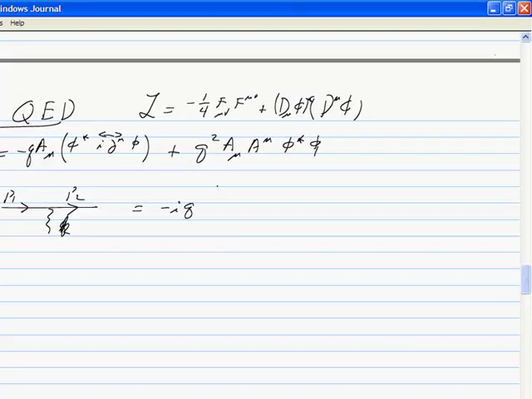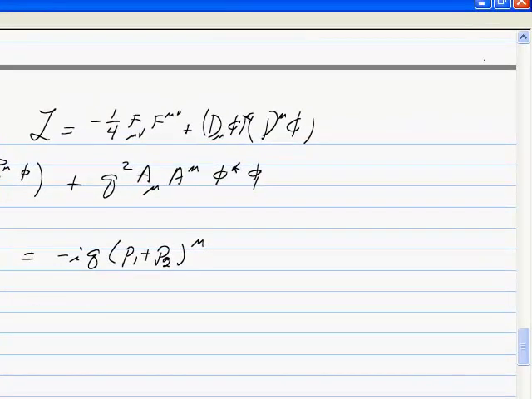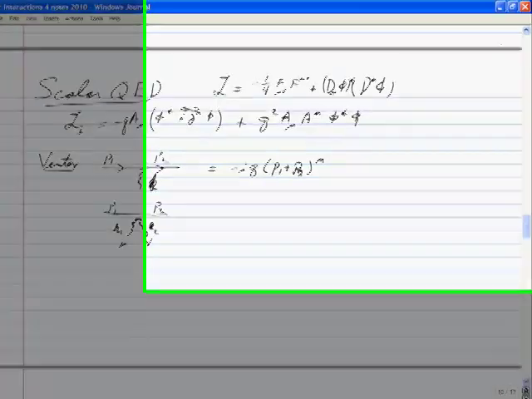It is minus i charge, P1 plus P2, mu. Okay, so that's there. If I have a vertex that looks like this, P1, P2, there's also a vertex with photons, K1, K2. That actually comes from this interaction right here.